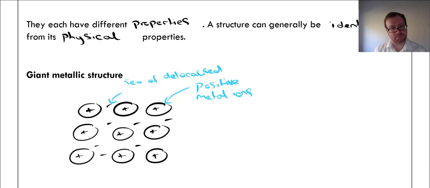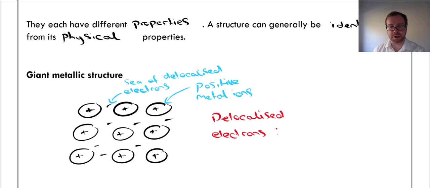I'm going to define some words. Okay, so this word delocalized, and we'll include electrons in it. So delocalized electrons, what does it mean? Well, it means that the electron is not attached to a specific atom.